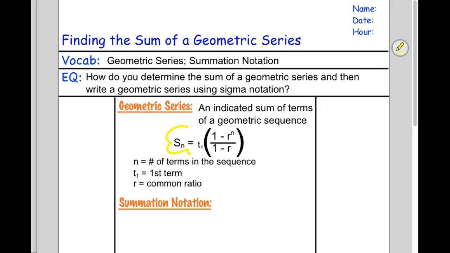So this is the formula we're going to use today to find our sum of our series. So then it says n equals the number of terms in the sequence. T sub 1 we should remember, which is our first term, and r equals our common ratio. Now one thing you will notice, there is no T sub n in here. So that's a good thing because we don't have to find T sub n.